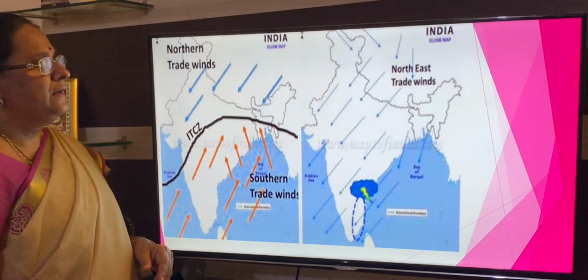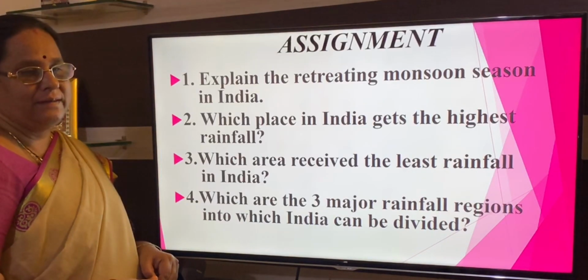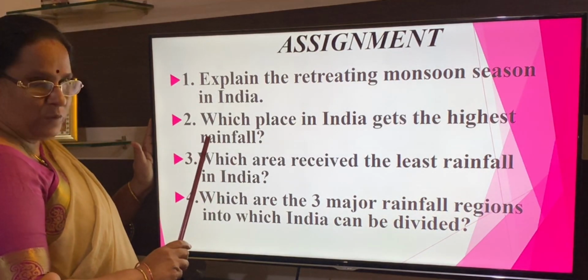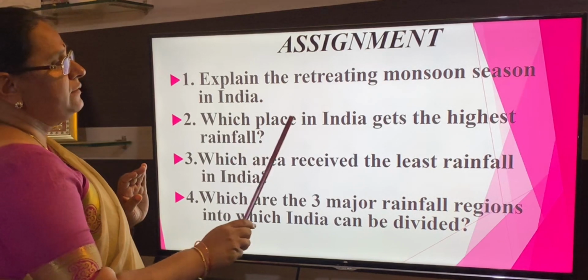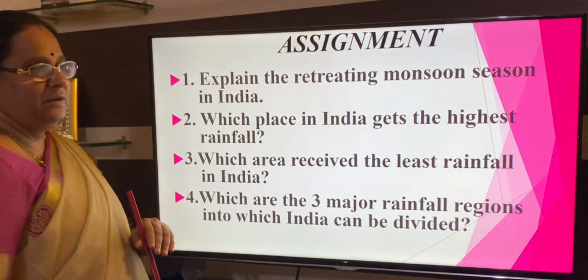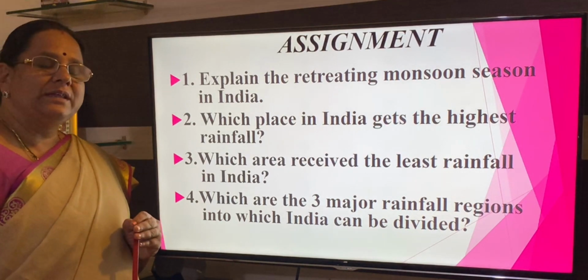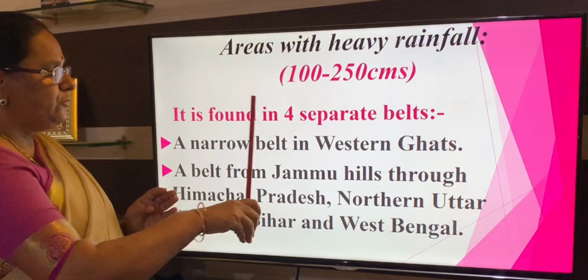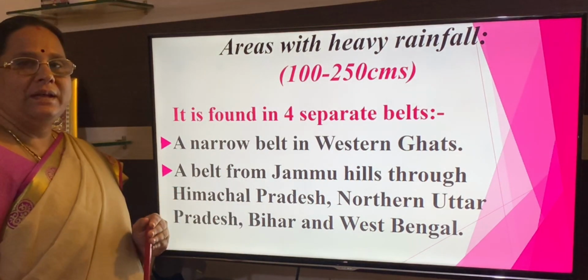The next we will learn about the second assignment here. The second assignment you have to write, say the second question. Which place in India gets the highest rainfall? Tell me children, which place we get the highest rainfall? Already I told you, in this 4 belt it has been mentioned.